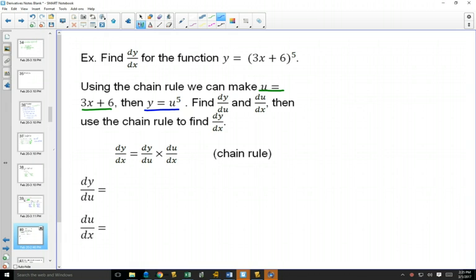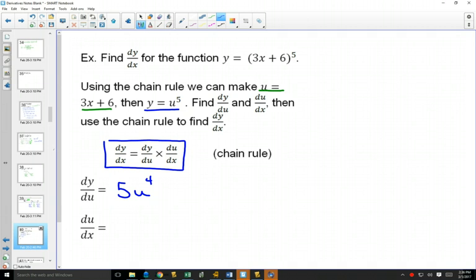Then using the definition of the chain rule with Leibniz notation, it says find the derivative of y with respect to u. dy du says use your variable, y is your equation, so you're using this equation in blue. How would I do the derivative of that? Bring the 5 out in front, subtract 1 from the exponent. It'd be 5u to the 4. du dx says, do we have an equation that's u equals in terms of x?